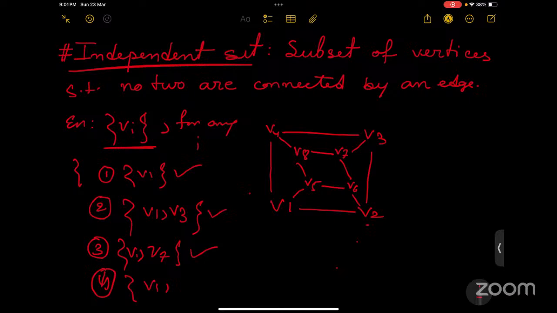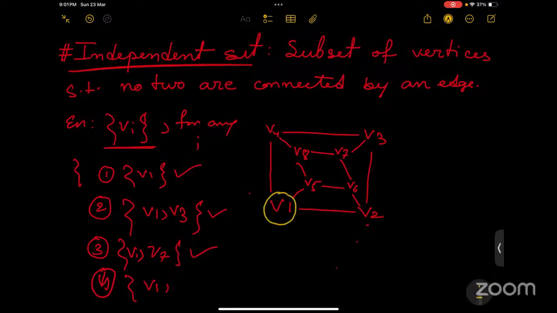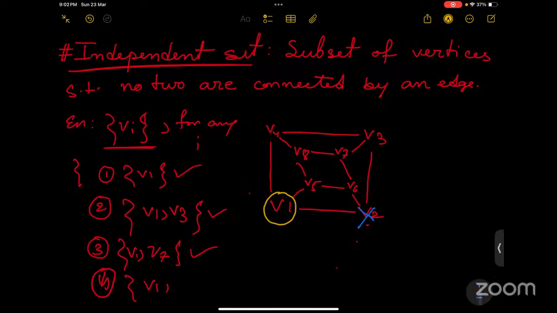We cannot take V2, V5 or V4. But we can take V8, V7 or V6, any one of them.